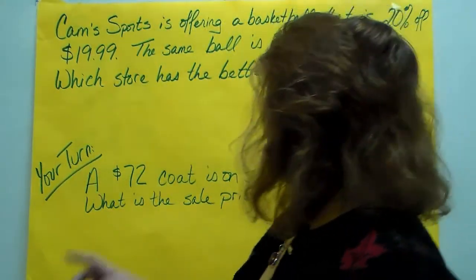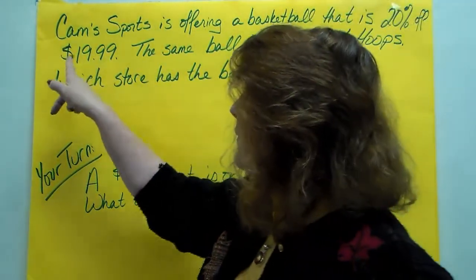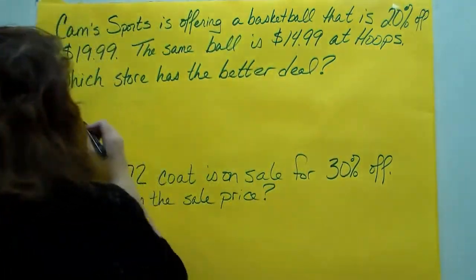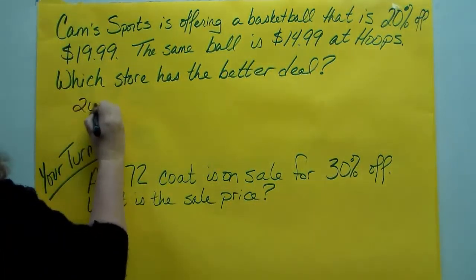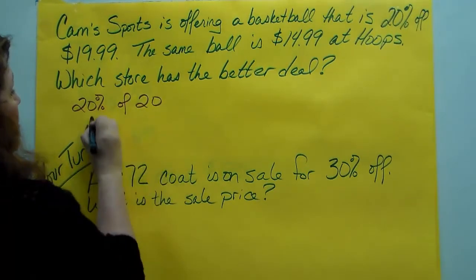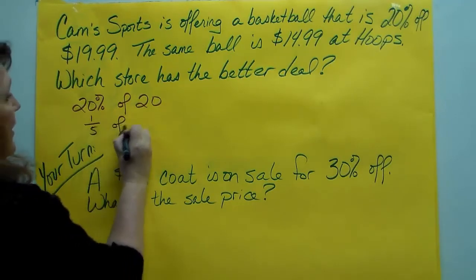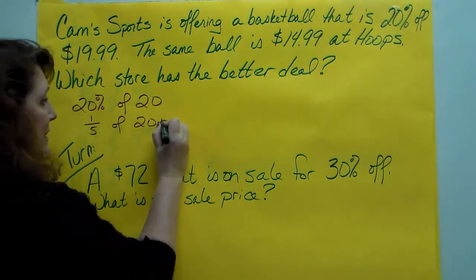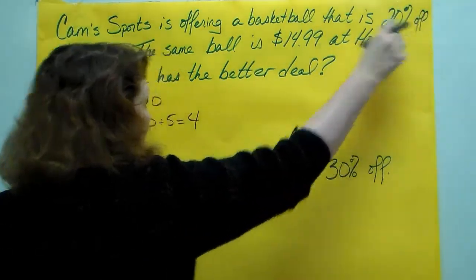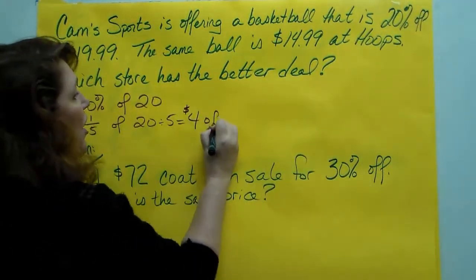Well, I need to figure out what 20% off of $20 is. I'm going to estimate. What is 20% of 20? Well, this is 1/5 of 20. That's 20 divided by 5. That's 4. So 20% off, they're taking $4 off.